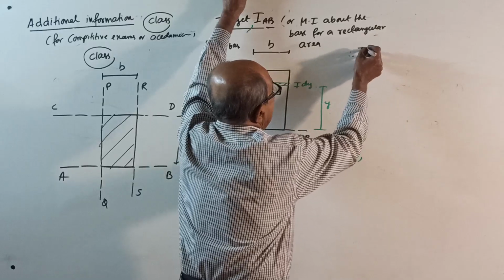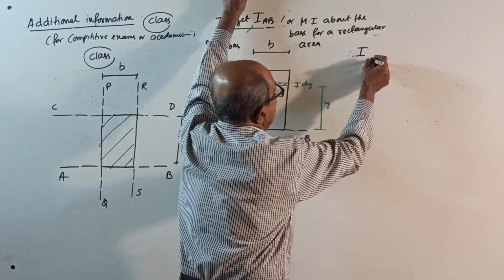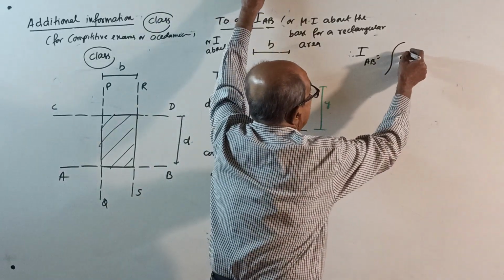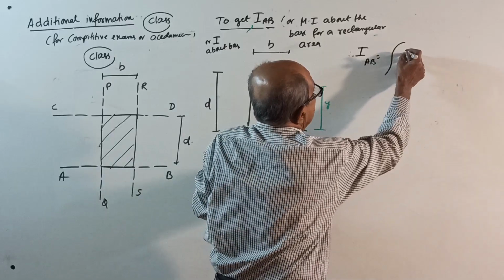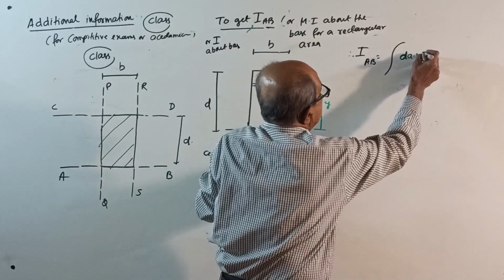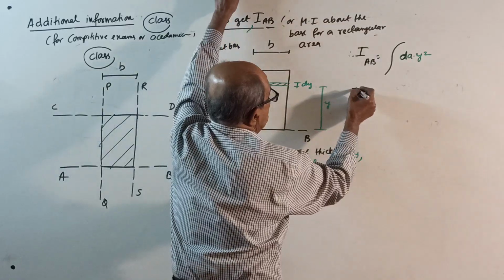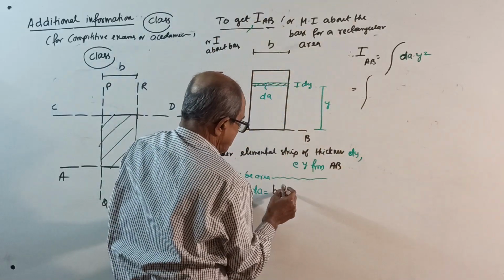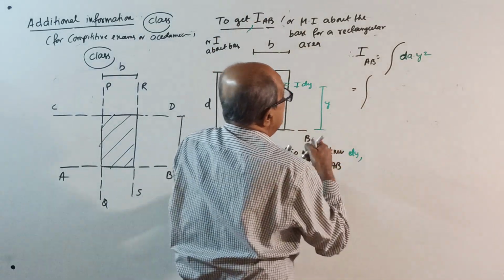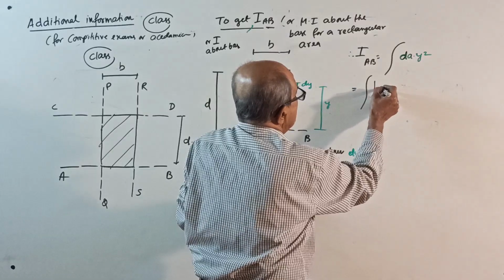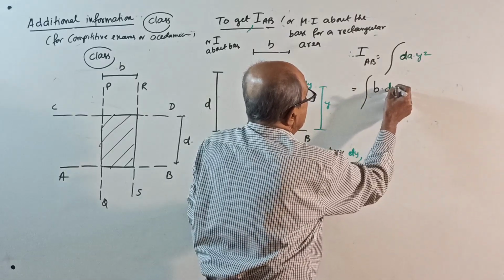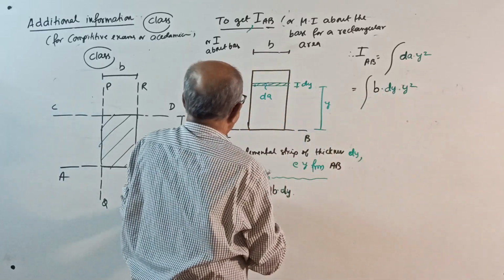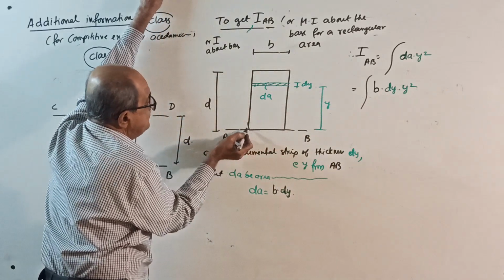Therefore, I about base, I about AB, is integration of dA into y square, or equal to integration of B into dy into y square. Limit is, now see, your y is from base here.